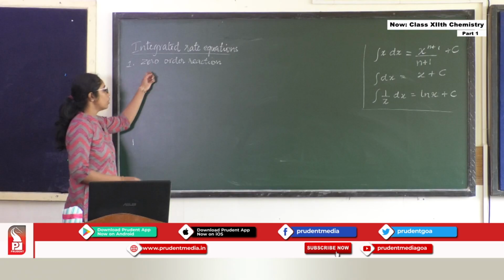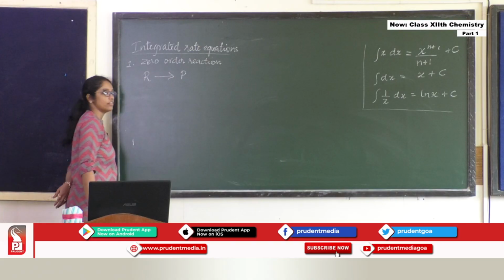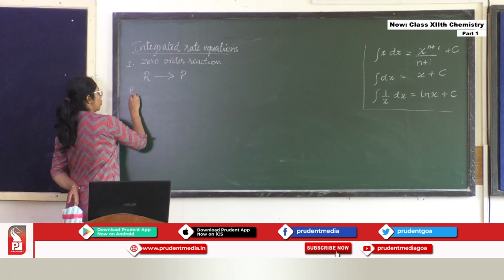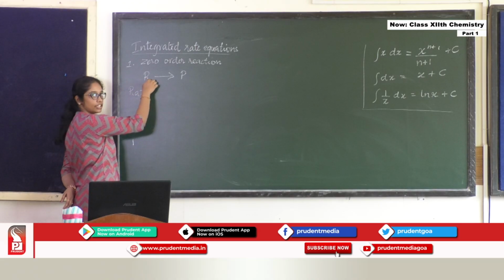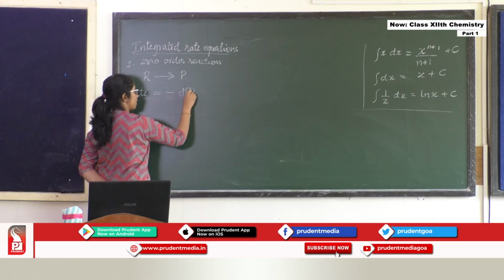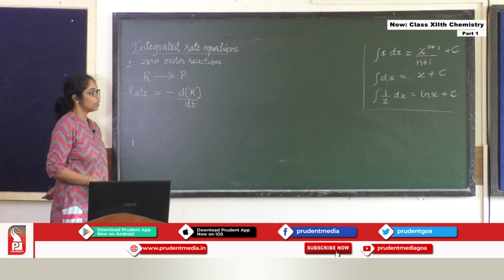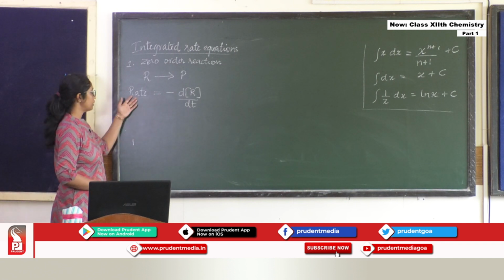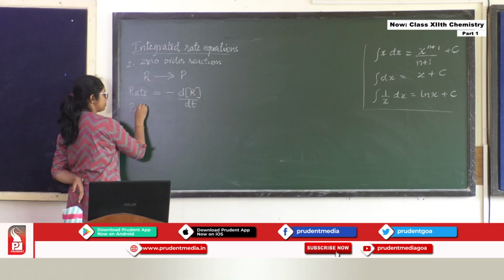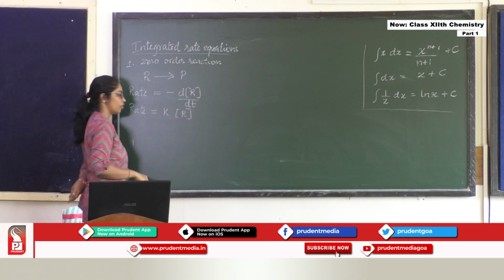So for a 0 order reaction, we know that for a reactant giving you some amount of product, the rate of the reaction in terms of reactant concentration is given as minus dR by dt. In terms of the rate law expression, we write rate is equal to k into the concentration of the reactant.